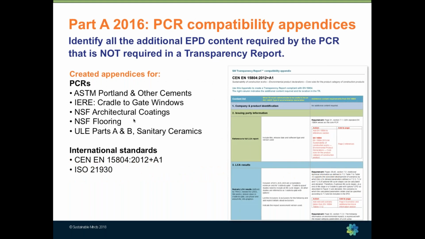And what we didn't want to do was water down the utility of the 3-page transparency report. So literally, with a compatibility appendix, we've taken that Part A, and all we do is we compare our content requirements by content type as required by 14025.